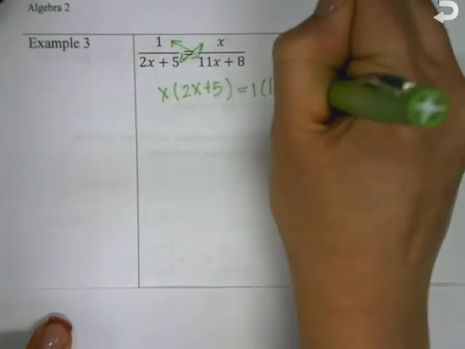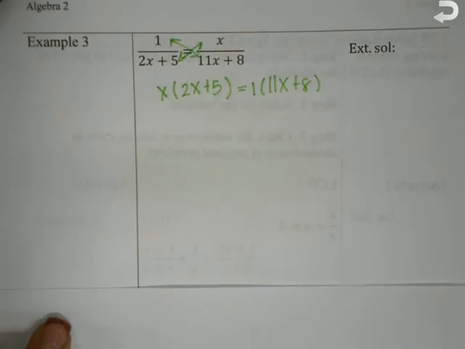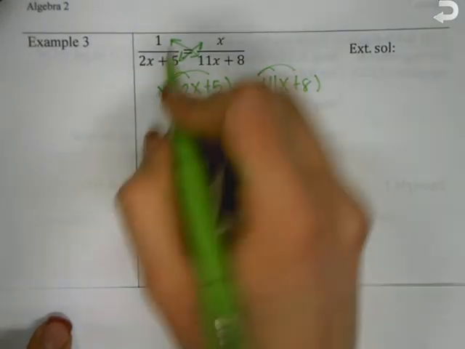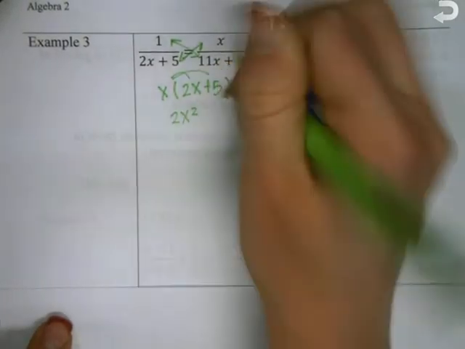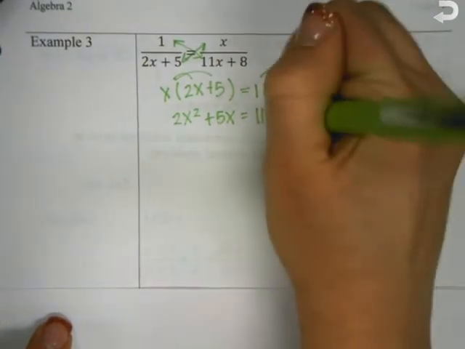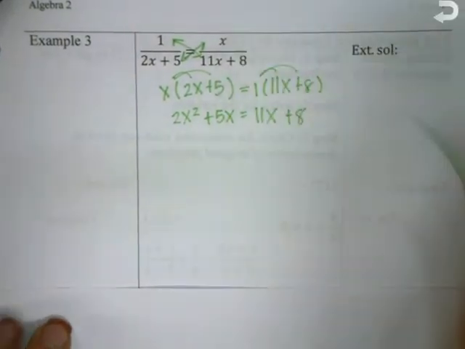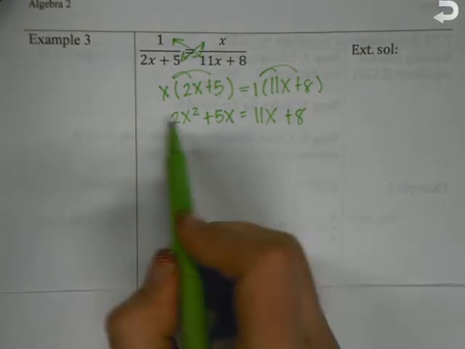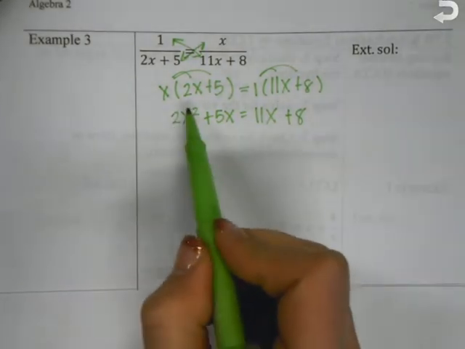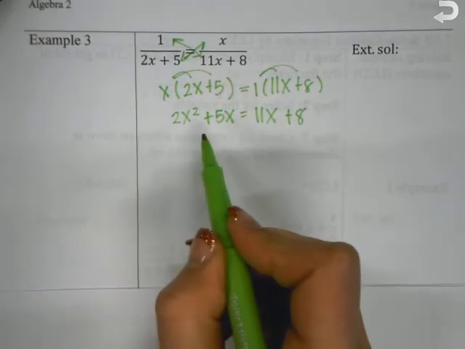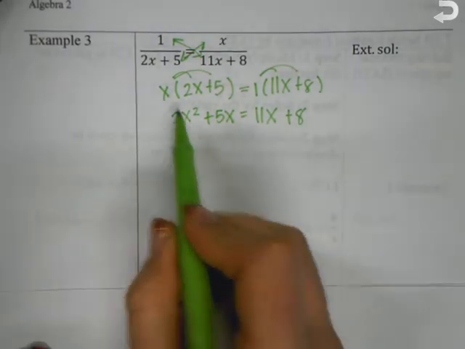Okay, so distributing in, I get 2x squared plus 5x equals 11x plus 8. And since in this problem I have a 2x squared here, I'm actually going to get everything over to the other side so that we can solve by factoring, since there is that x squared. So let's subtract 11x and 8 from both sides.